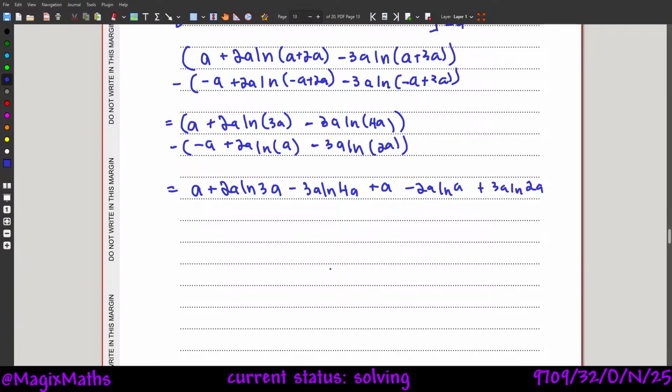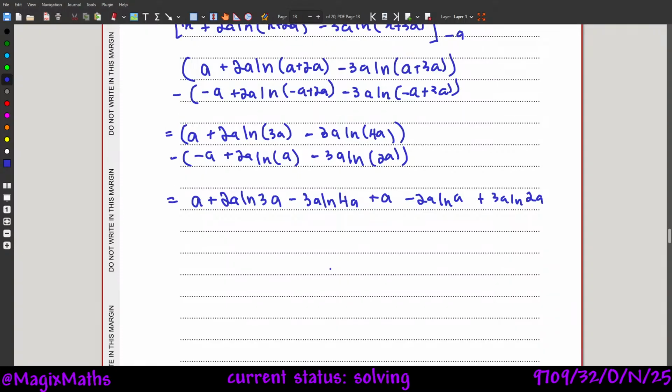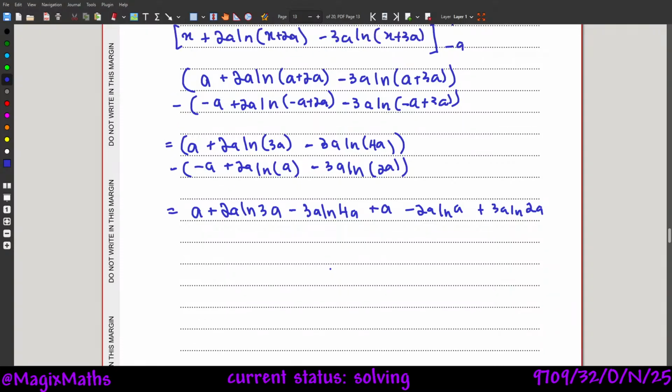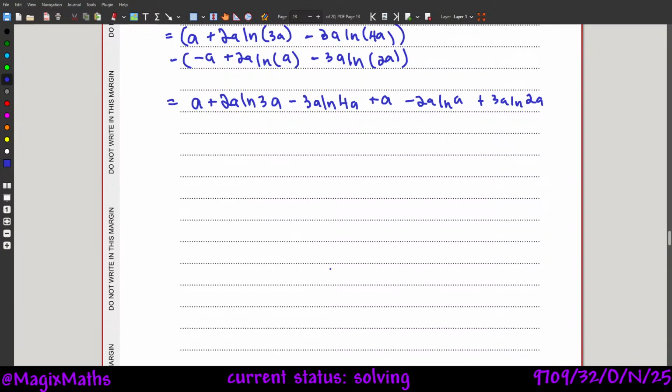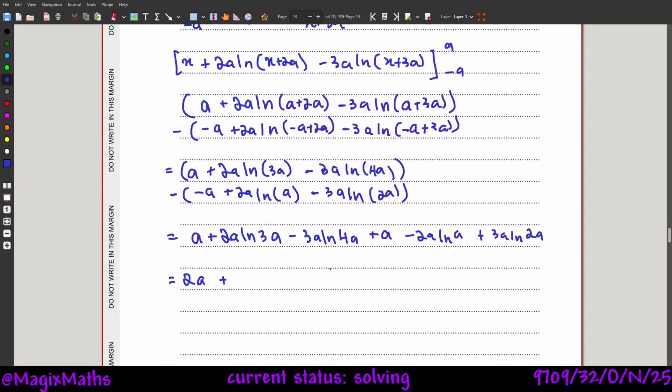So, that's really confusing to see: 4a, 3a, a, and 2a. Then we're gonna have to simplify. We'll have 2a's, and then we have, wait, let's see the shape.